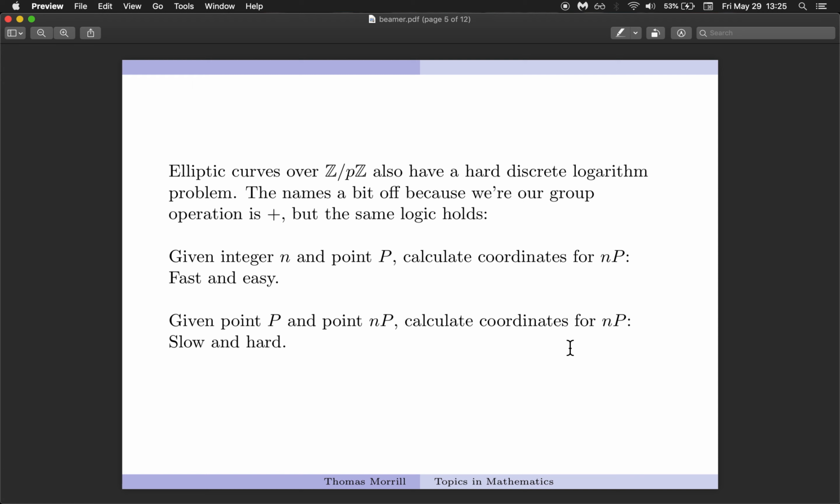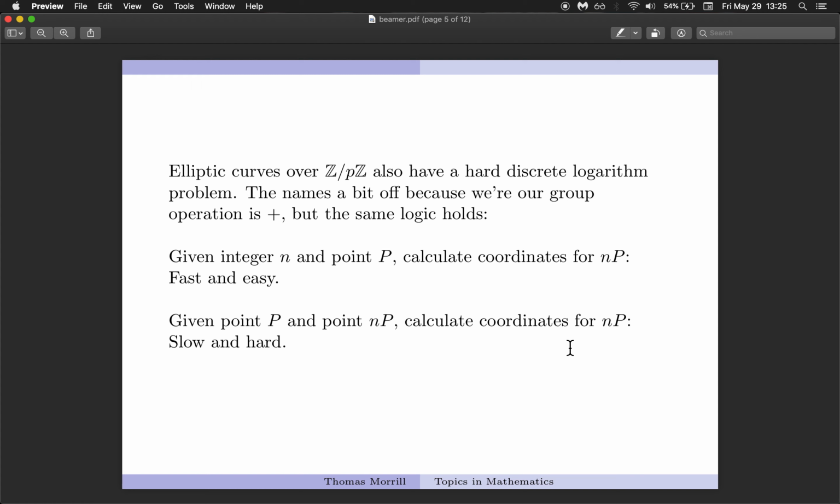It's not impossible. The attacker will be able to calculate it eventually, but the security for this kind of exchange comes by estimating the amount of time that an attacker would need to invest in attacking this discrete log problem, and just stacking the deck so that it'll take something absurd, like 100,000 years or something like that.